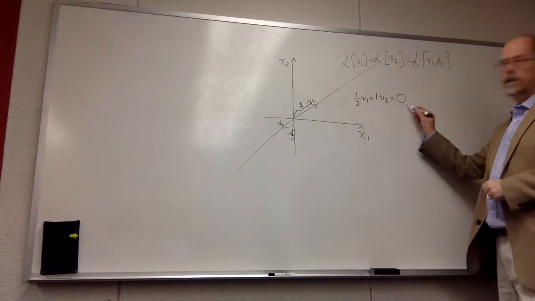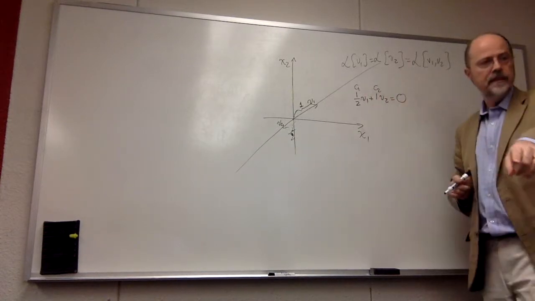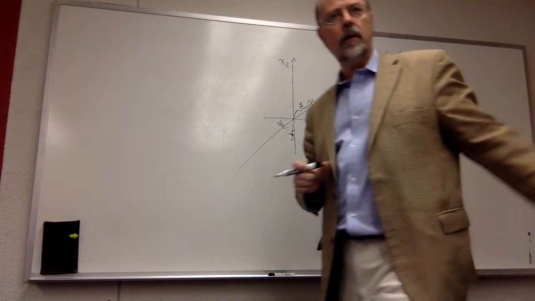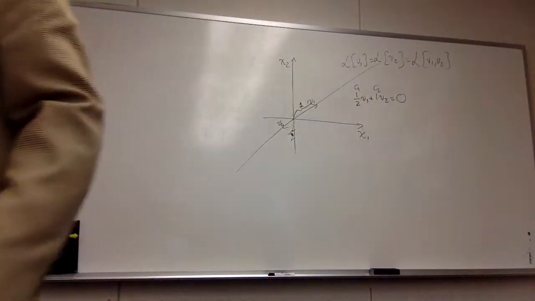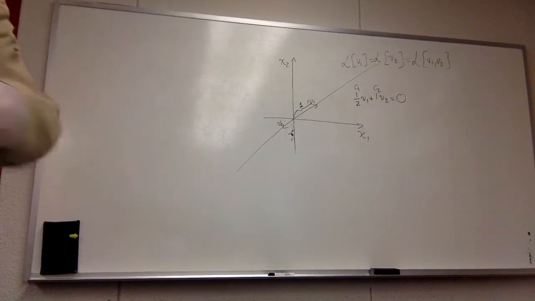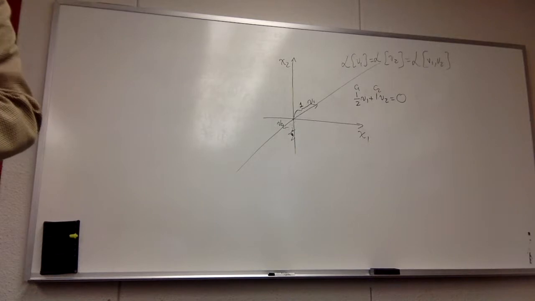So you see I have my c1 and my c2 of the definition. c1 is 1/2, c2 is 1, they are not both 0. So the definition is verified, and these two vectors are linearly dependent.